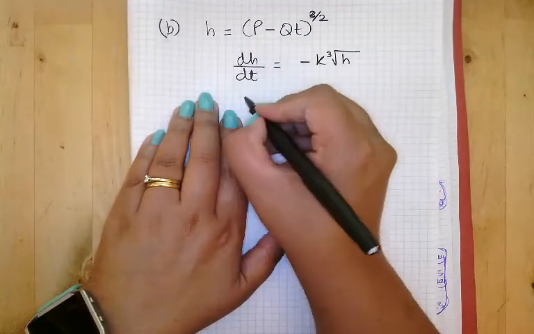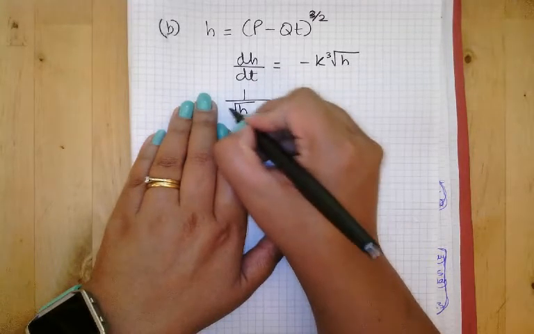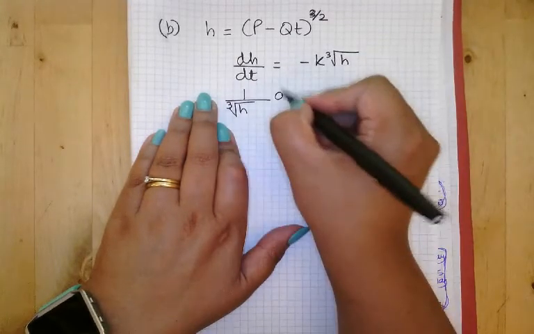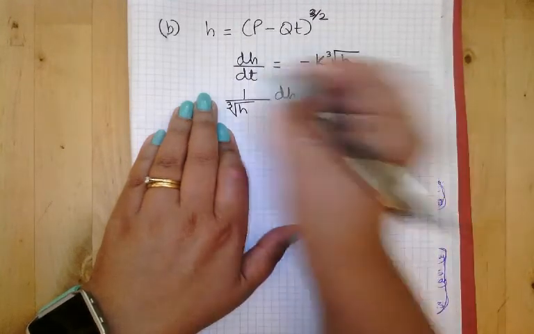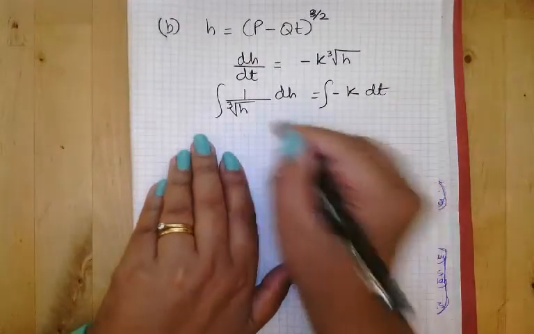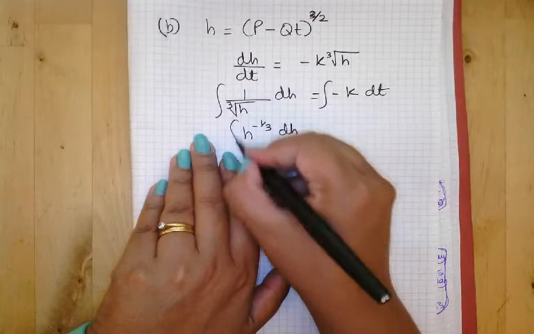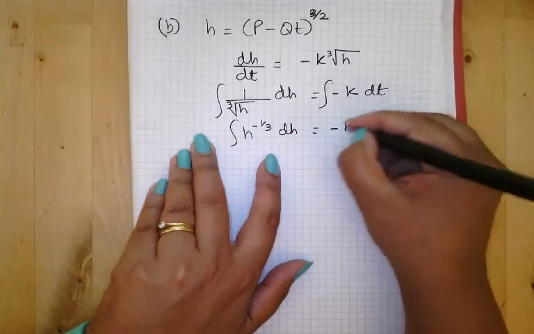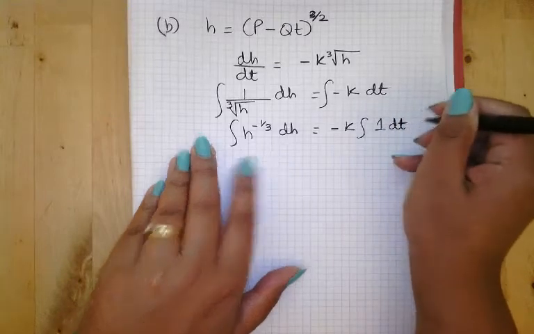So I'm going to have 1 over h cube root. I'm going to bring this down. dh equals minus k dt, and I'm going to integrate both sides, so rewrite this as h to the minus a third dh, and take minus k out, and then I've just got 1 dt.